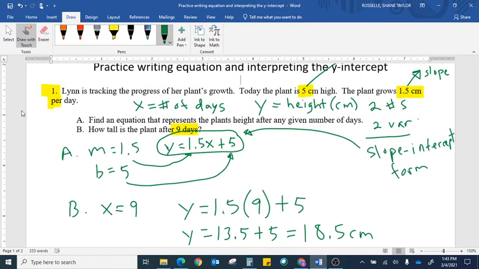Okay? So it says, how tall is the plant after 9 days? The plant is 18.5 centimeters after 9 days.